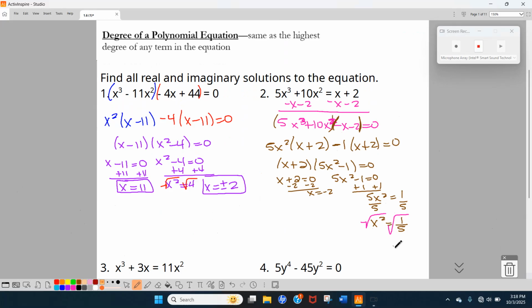So we get x is equal to plus or minus 1, the square root of 1 is 1, over root 5. And then remember, we can't leave root 5 in the denominator, so we're going to rationalize, multiply the numerator and denominator by that root 5. So you end up with plus or minus the square root of 5 over the square root of 25, which is just 5. So you get negative 2, and then you get positive root 5 over 5 and negative root 5 over 5.